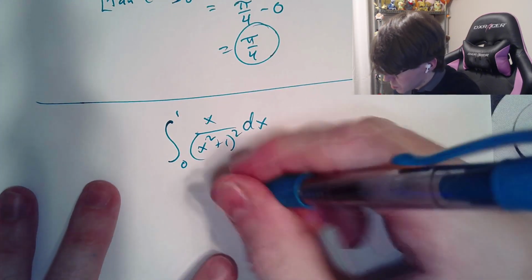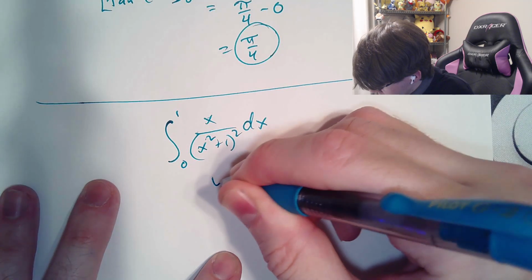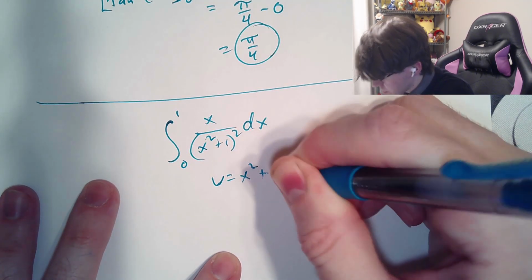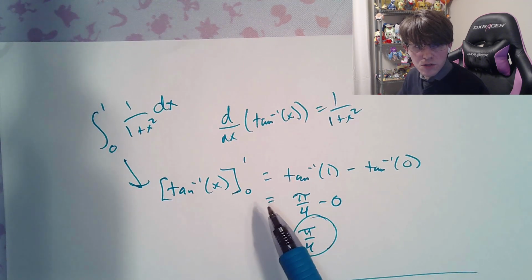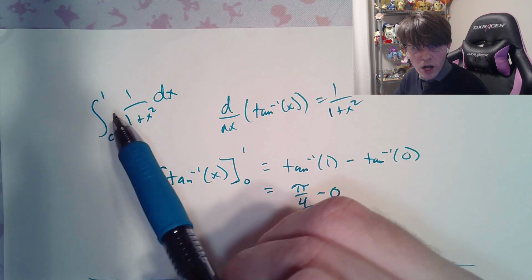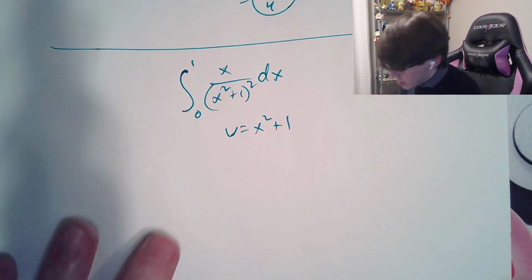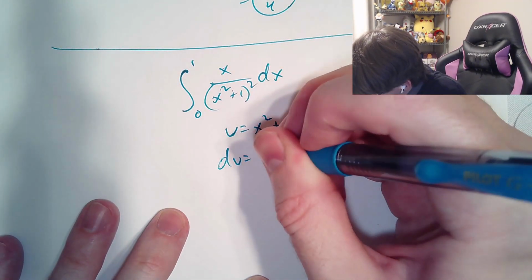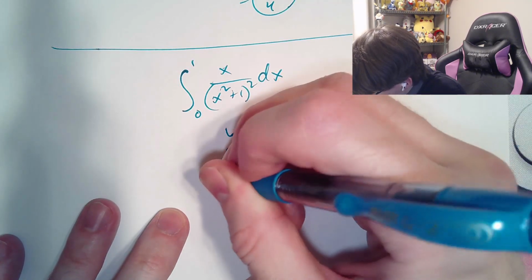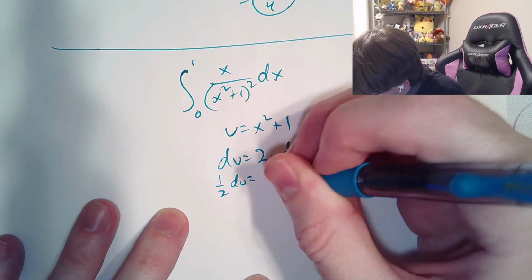And another u substitution, our u is going to be equal to x squared plus 1. And by the way, the way you could tell the previous one was not a u substitution was because there was a 1 on top and not an x on top. All right. Anyways, du is going to be 2x dx. Again, we have that 1/2 nonsense we have to worry about.